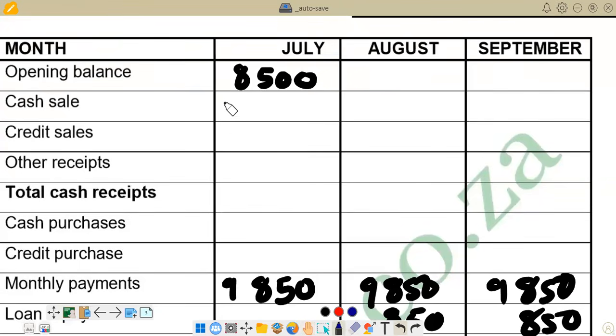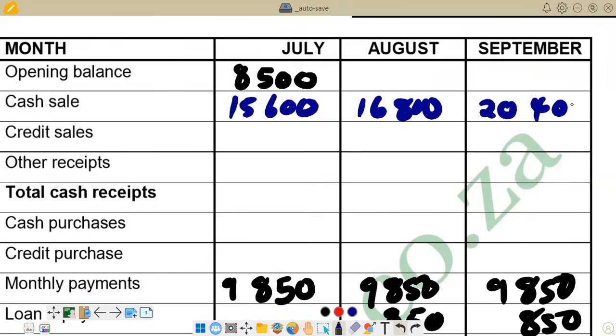The first month we got 15,600, then the second one for August is 16,800, and the last one for September was 20,400. Right, so that's what we have.